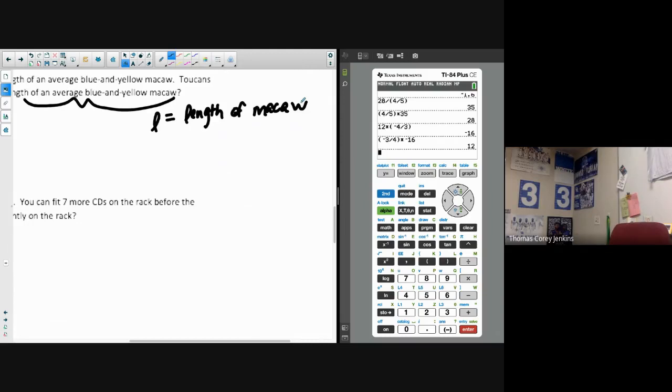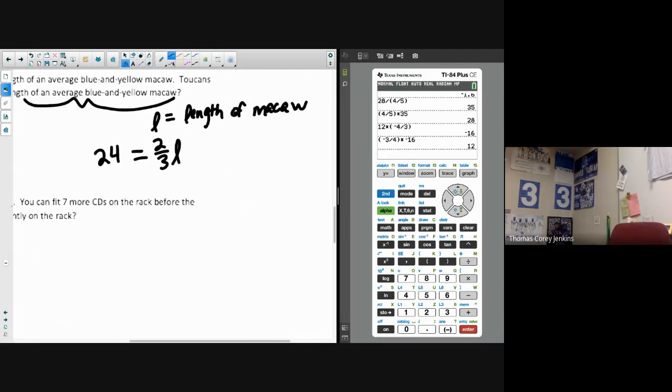All right, so just to recall, let me reread this. The length of an average toucan is about 2/3 the length of a macaw. So do we know the length of the toucan? Yes, the length of the toucan is 24 inches, right? And it says that is about 2/3 the length of the macaw, or 2/3 of L, and then we just want to solve that, right?